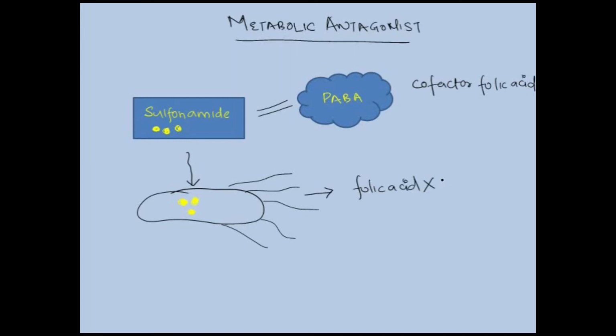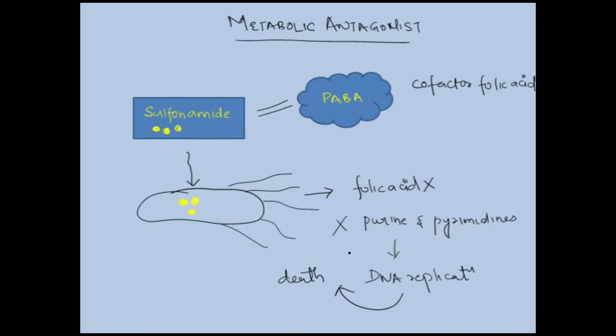So what happens if folic acid is not there? We all know that folic acid is a very important precursor of purines and pyrimidines. So if no folic acid, that means no purines and pyrimidines. Then there will not be any DNA replication. Thus the death of the bacteria. And another important factor is that sulfonamide is very specific, because most of the bacteria do not have the ability to uptake folic acid.